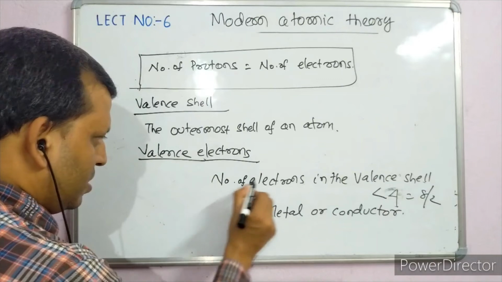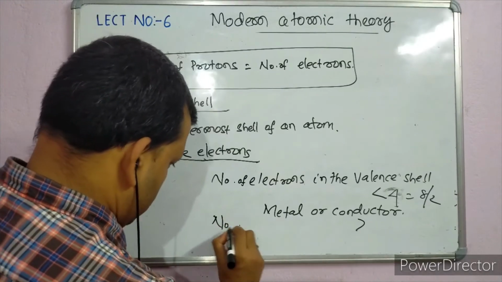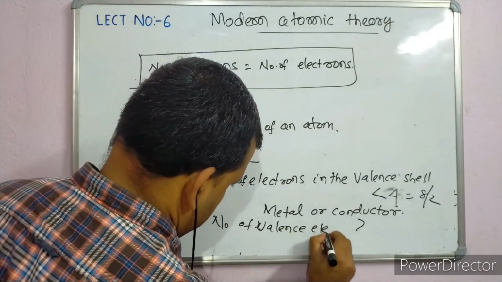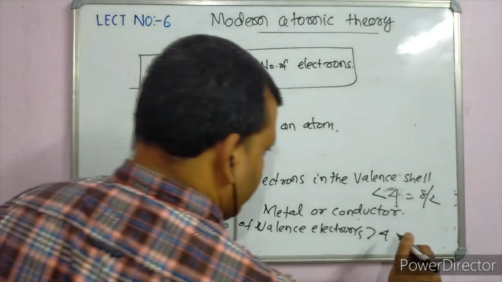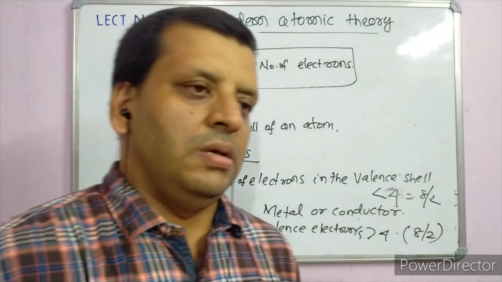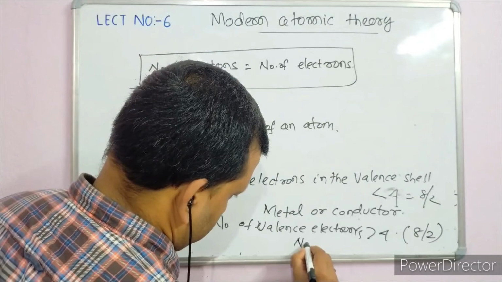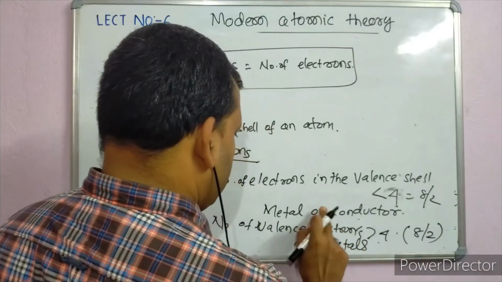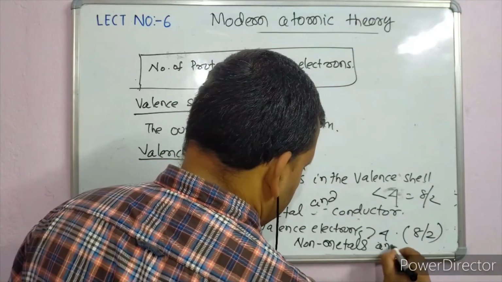And if the number of electrons in the valence shell is greater than 4, that means greater than 8 by 2, then they are non-metals or insulators.